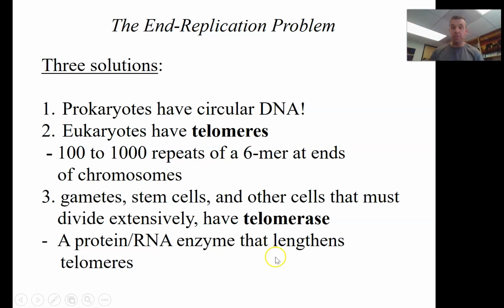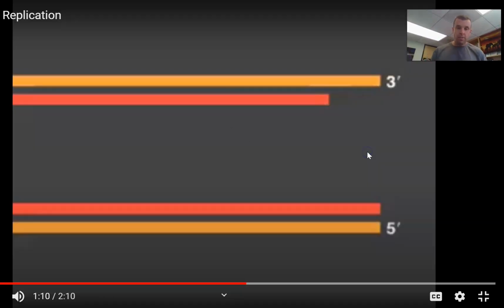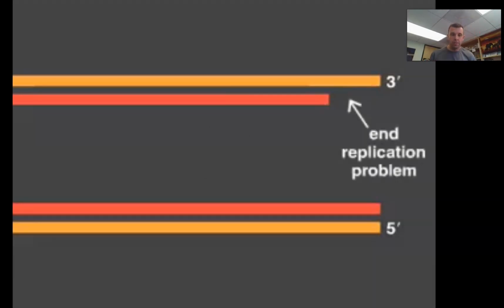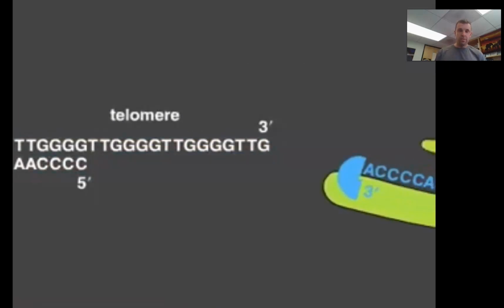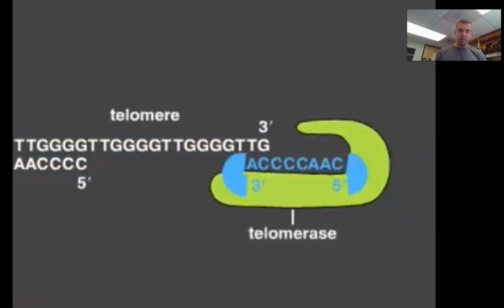All right, so how does this happen? Let's go back to our video. Each replication cycle, this end replication problem is solved by the enzyme telomerase. The ends of chromosomes contain a G-rich series of repeats, called a telomere. Telomerase recognizes the tip of an existing repeat sequence.